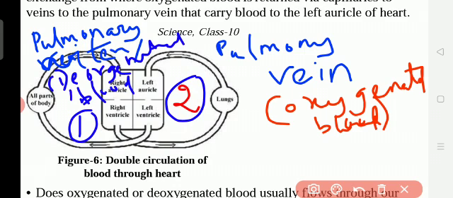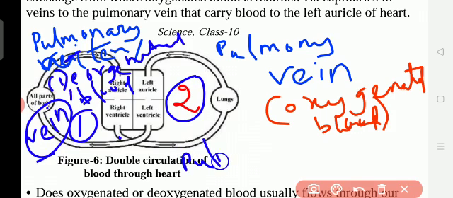In the first pathway, from all parts of the body, which brings the bad blood to the right auricle? Veins take the impure blood from all parts of the body to the right auricle and right ventricle. From the right ventricle, who takes it to the lungs?